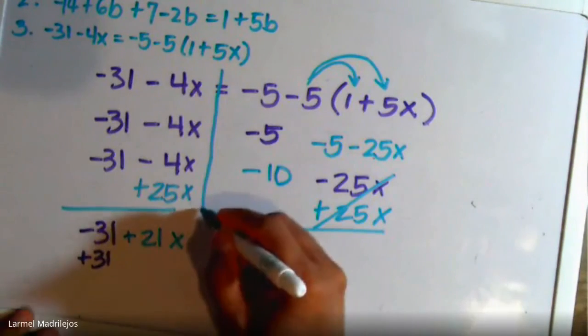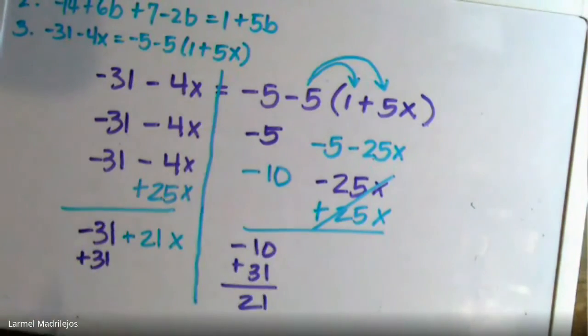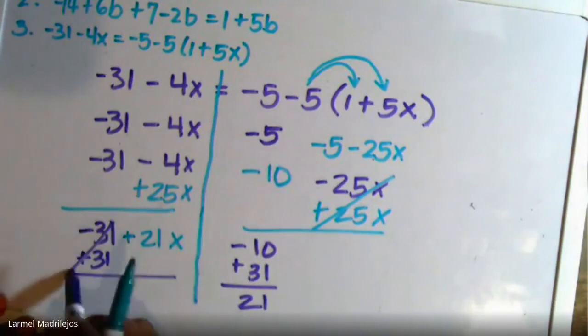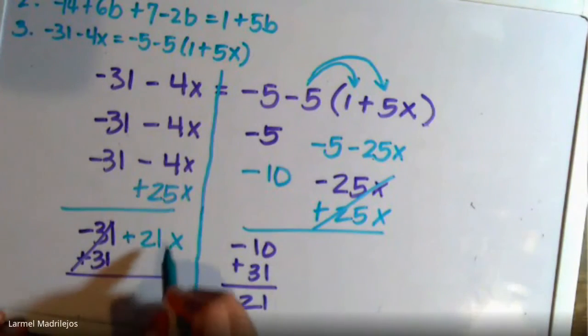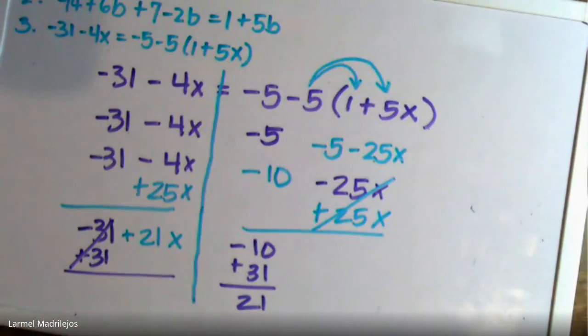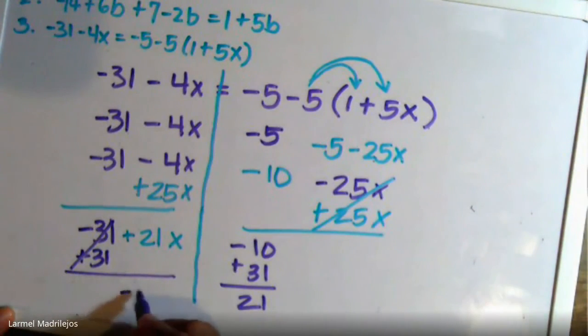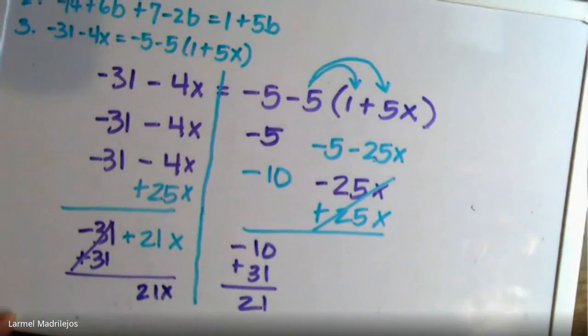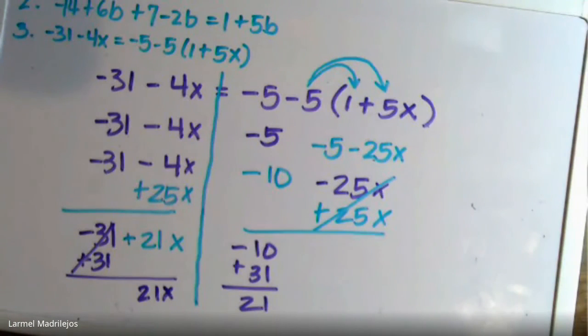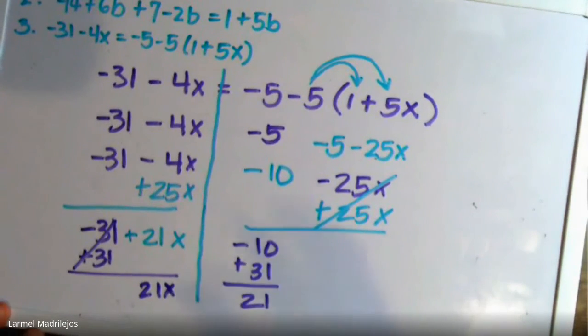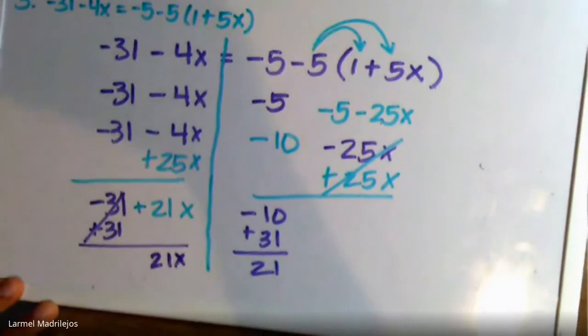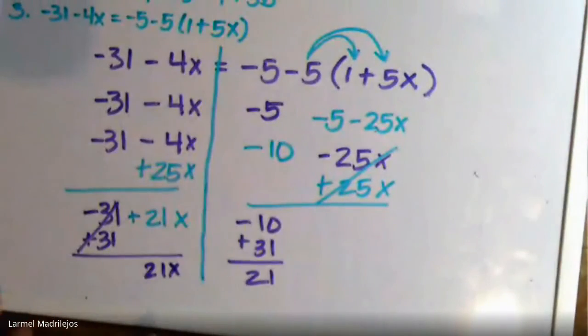Let me extend my fence here. So this gives me 0. And I'm going to just drop this down here as positive 21x. I'll just leave it like 21x. They're the same. The final step: remember that 21x, what does 21x mean? 21x means 21 times x.